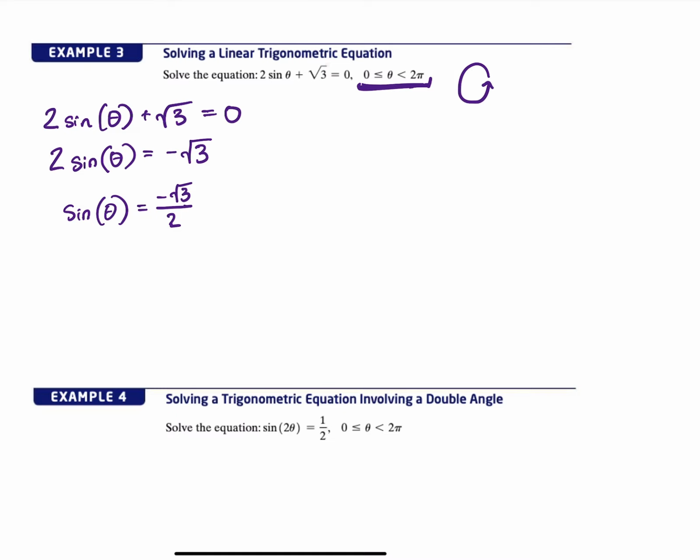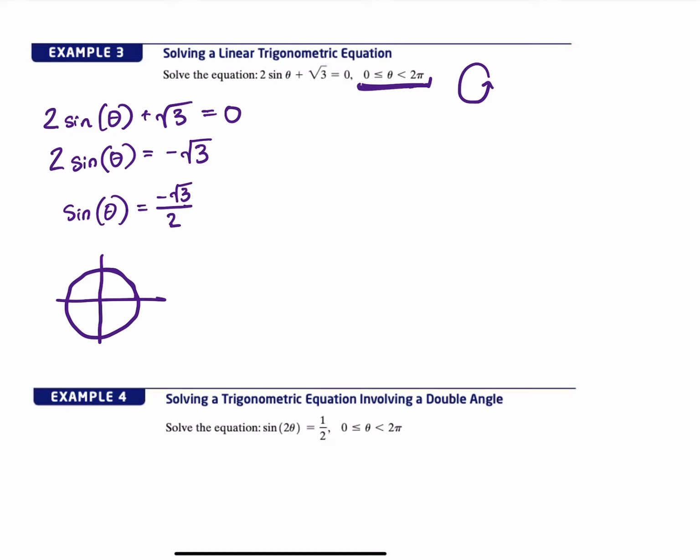So where is this true? We have to think about, in one trip around the unit circle, where will we have a sine value of negative root 3 over 2? Well, we should be in the third or fourth quadrant, since the sine is negative.